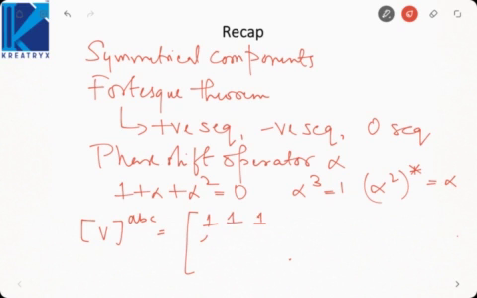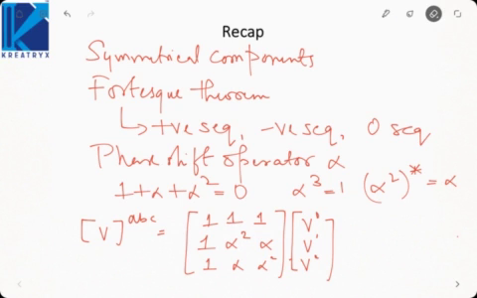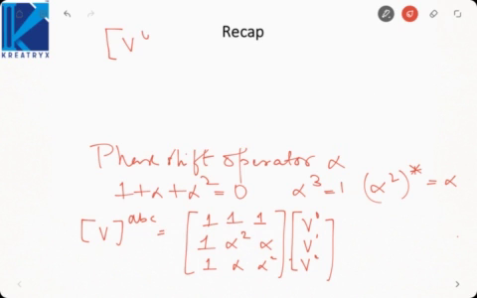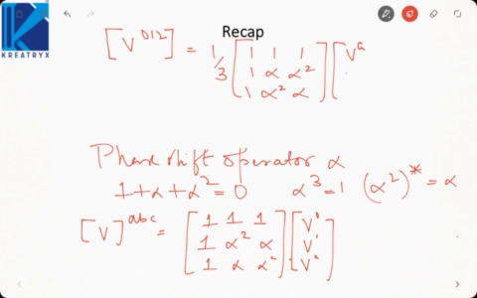with rows 1 1 1, 1 alpha square alpha, 1 alpha alpha square, multiplying V0, V1, V2. And to derive the sequence components or symmetrical components from the phase voltages, we can use the inverse of this matrix, which is 1 by 3 times the matrix where we replace alpha by alpha square, multiplying VA, VB, VC.